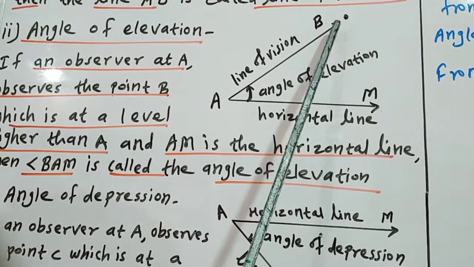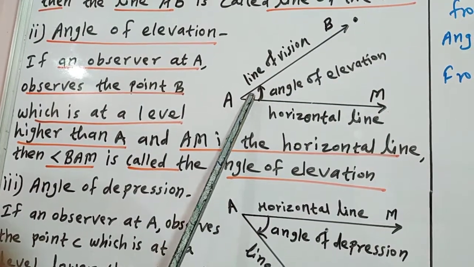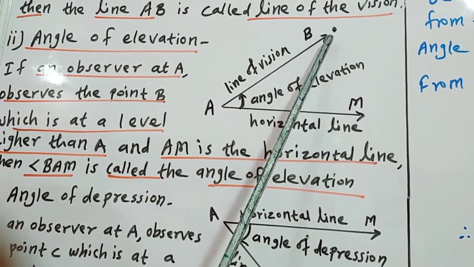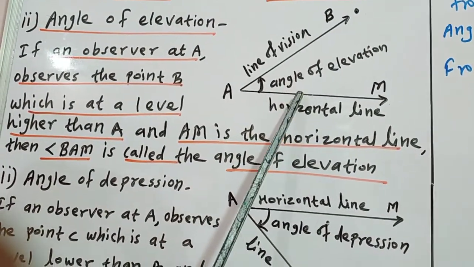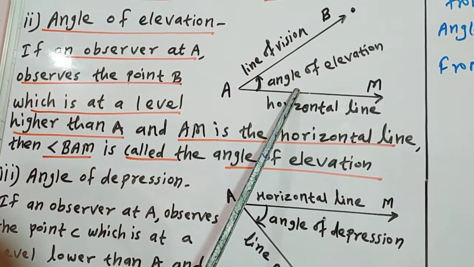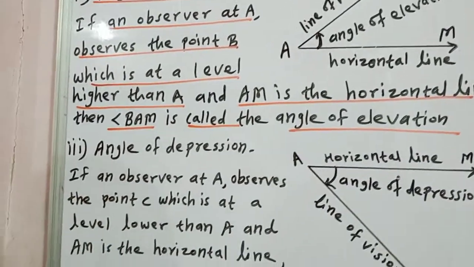Now point B is at a higher level than the observer, that's why the observer is looking at B, and then this line of vision AB makes an angle with line AM. This angle is called angle of elevation.